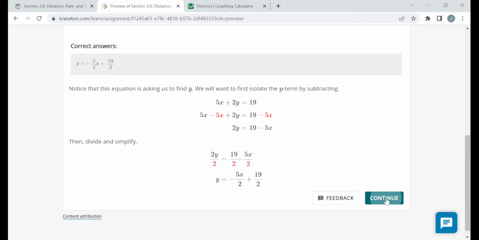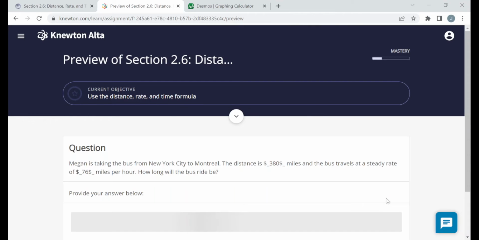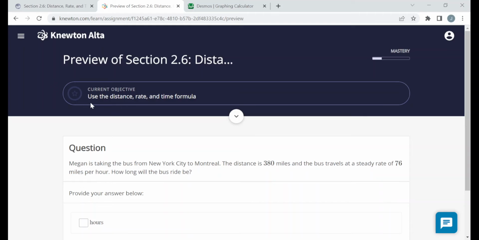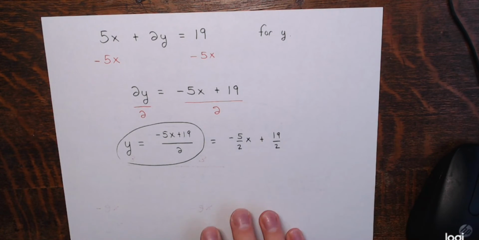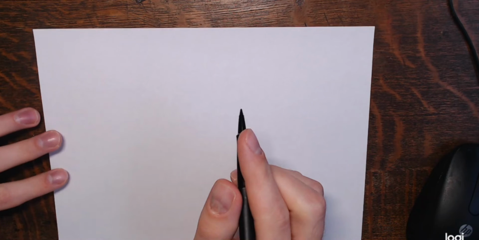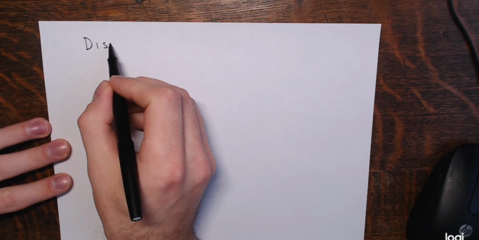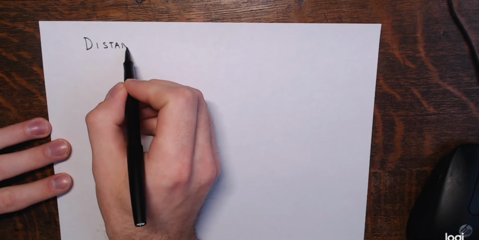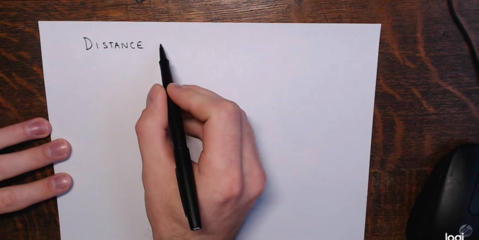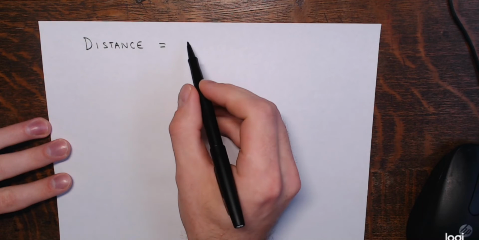Alright, next question. Now we're switching to the objective: use the distance, rate, and time formula. So I'll explain what that is real quick. The distance you travel is going to be equal to the rate at which you travel.